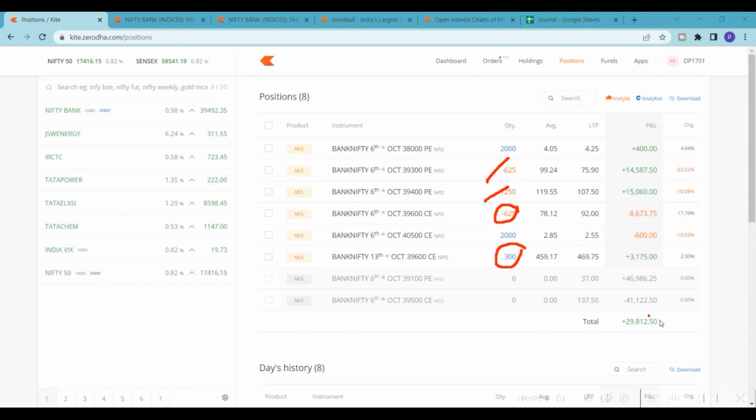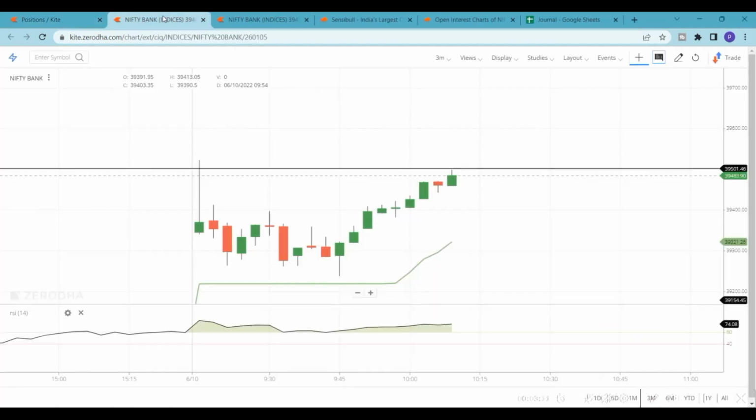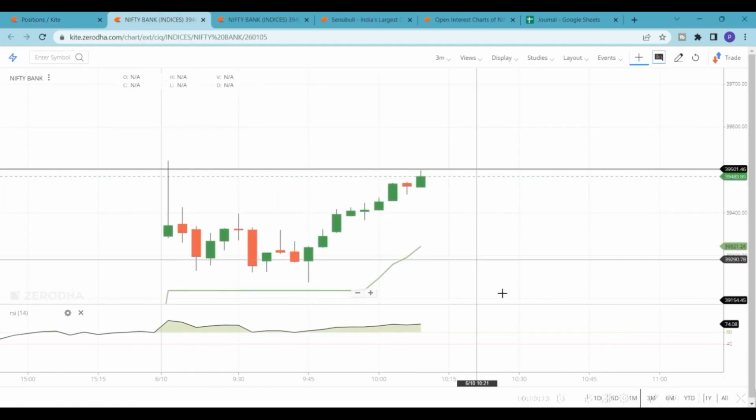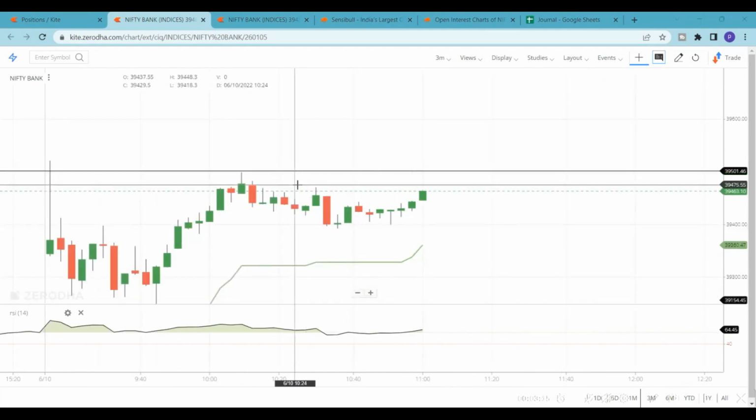Usually there will be a plus-minus kind of thing, but this time there were continuous green candles, so that is why I made myself fully bullish. But Bank Nifty had its own plan and did not continue the rally. Also, I have taken option buying in next week's expiry, just in order not to lose on theta decay. In case it shoots up from here, I am going to make excellent profit.